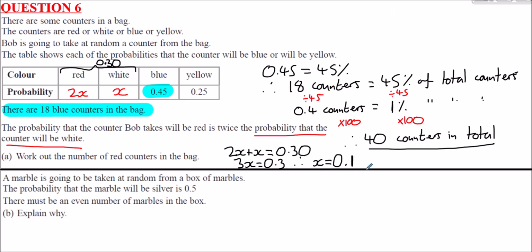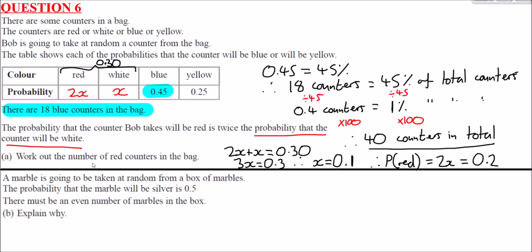So therefore, probability of red equals 2x, which is 0.2. So in other words, 20% of the counters are red.